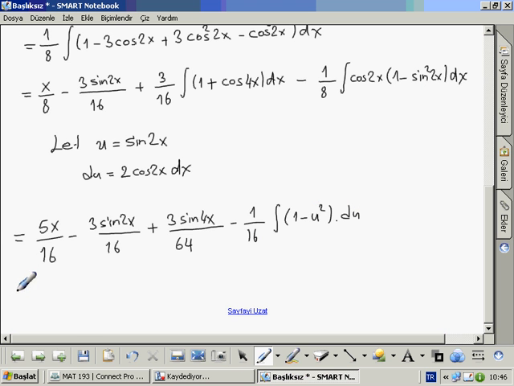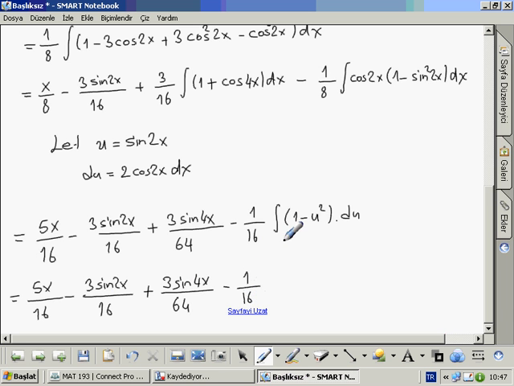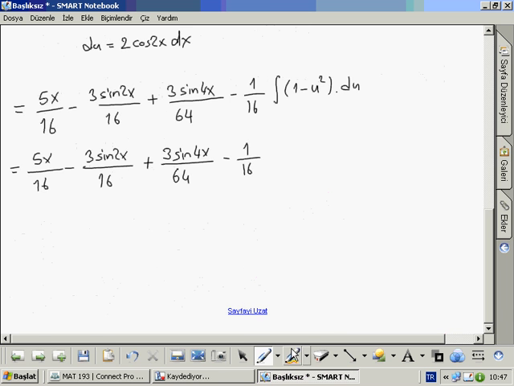After that, 5x over 16 minus 3 sine 2x over 16 plus 3 sine 4x over 64 minus 1/16, and let me write it in cumulative form: minus sine 2x over 16 plus sine cube 2x over 48 plus c.